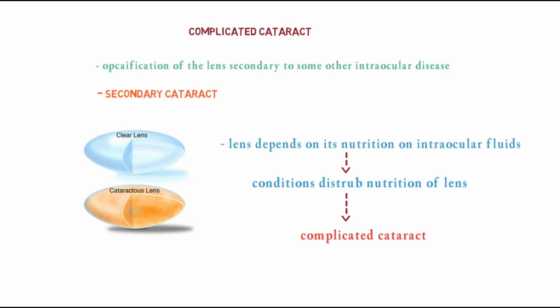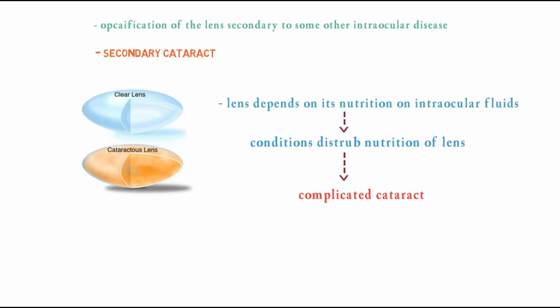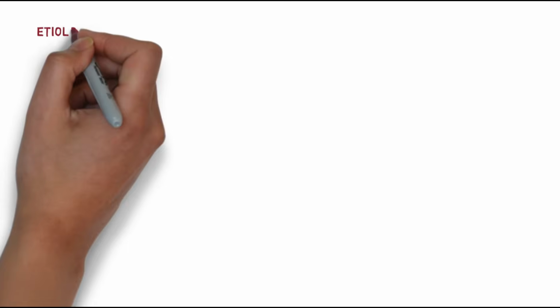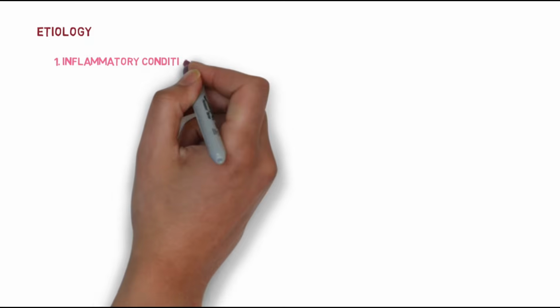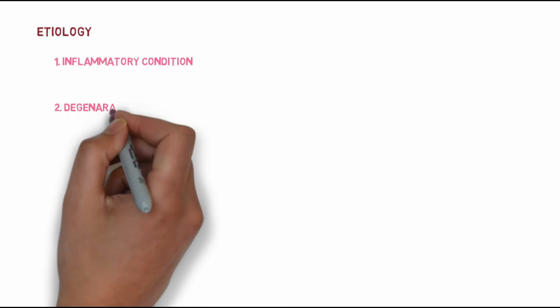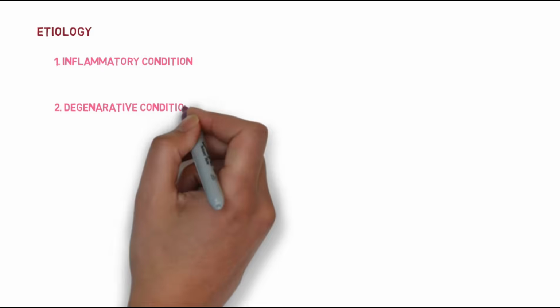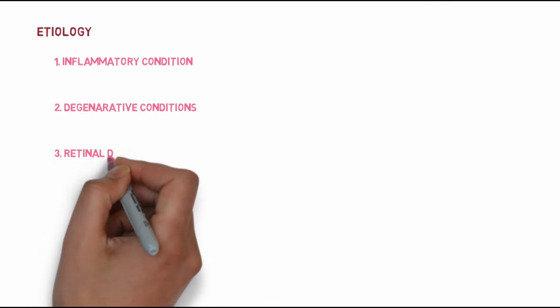Now, moving toward its etiology, I already told you that it is based on the nutrition of the lens. So if there is a disturbance in the nutrition of the lens, it may give rise to complicated cataract. The conditions from which complicated cataract may arise are inflammatory conditions, degenerative conditions, retinal detachment, glaucoma, or intraocular tumors.